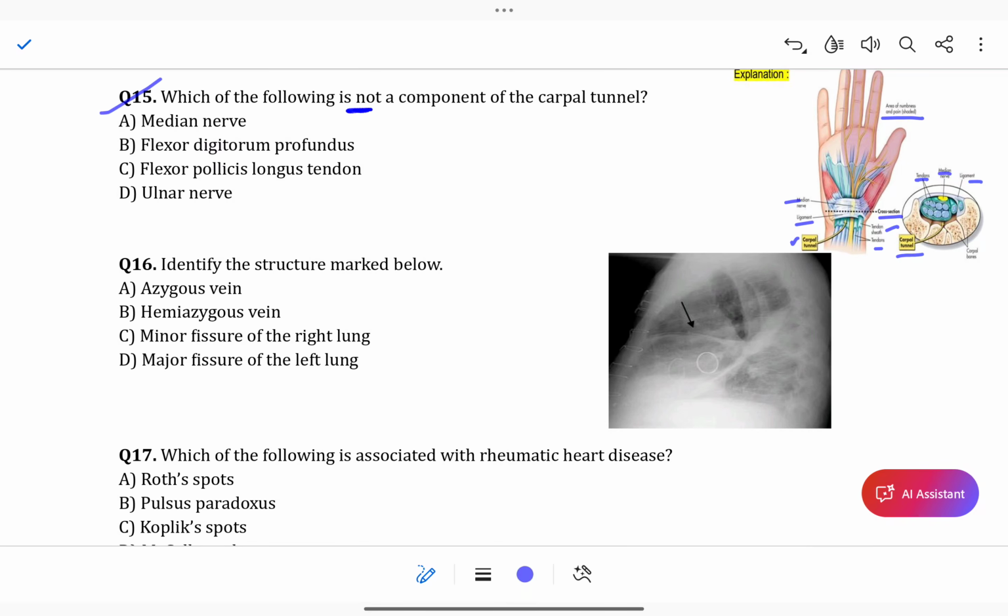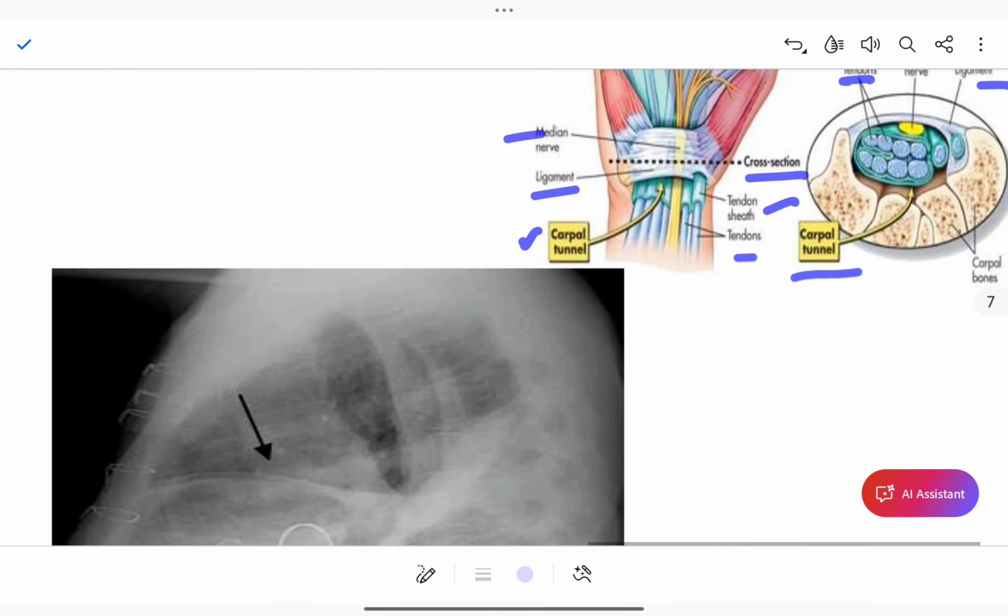Which of the following is not a component of the carpal tunnel? Option A given: median nerve, flexor digitorum profundus, flexor pollicis longus tendons, and ulnar nerve. This is the carpal tunnel.